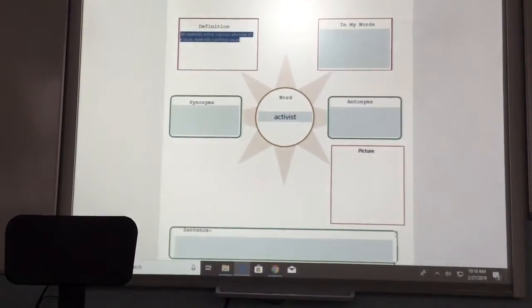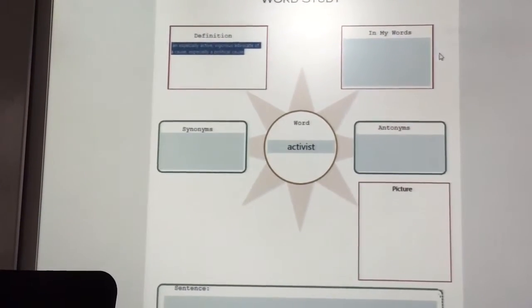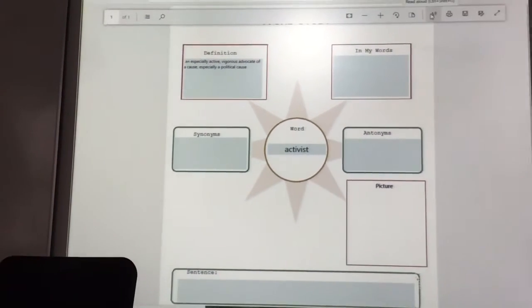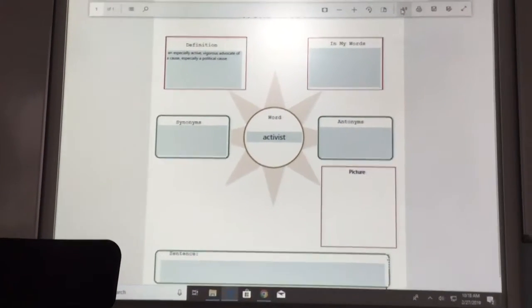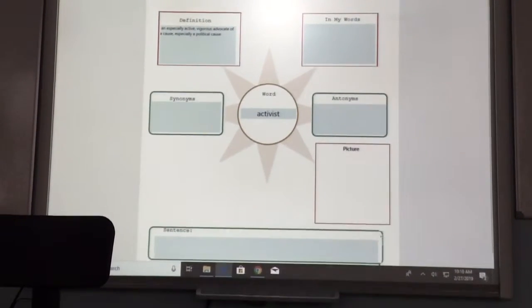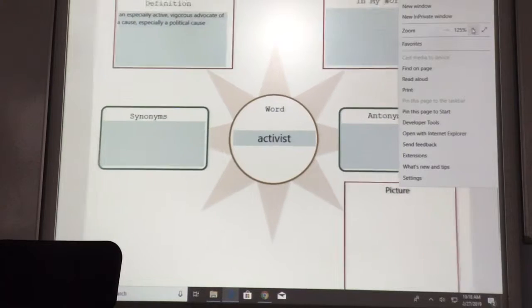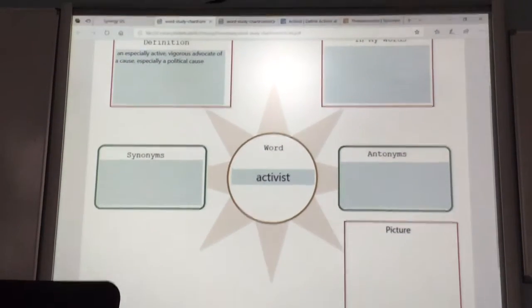Can I make that bigger? I don't think I can, because this is a PDF and I don't have the edit. But I can make it bigger for you to see. Is that what you're asking me? Okay. All right. Plus, like that, right? That's what you guys are looking for.